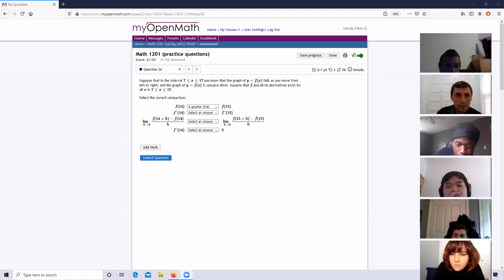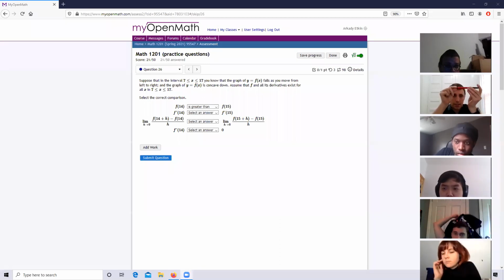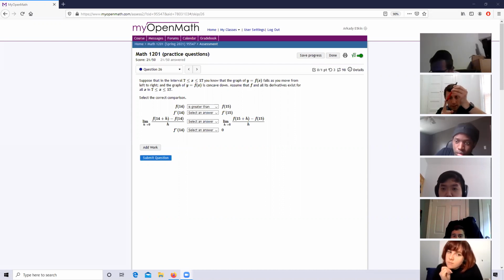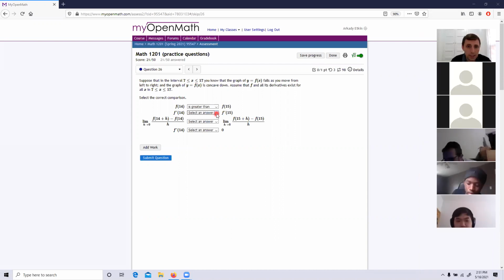Exactly, 14 is bigger. Because concave down means that the second derivative is negative, which means the slopes are getting ever more negative. If we're falling, slopes are negative, and we're falling faster, so they're getting more negative. Yes, so the answer is greater than again.